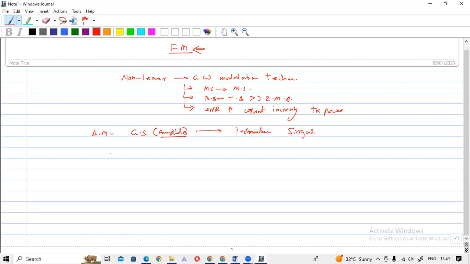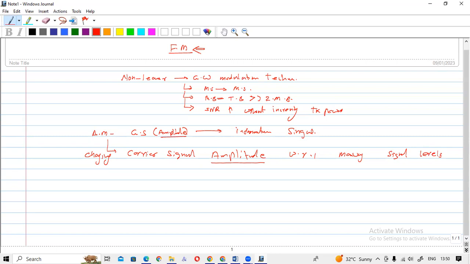So if I write it, A means carrier signal amplitude. In AM modulation, we are changing the carrier signal amplitude with respect to the message signal level of amplitude.